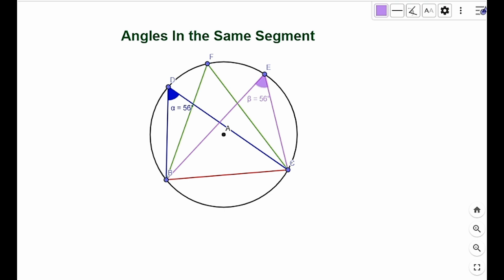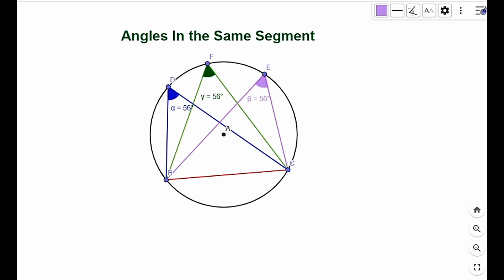Now we have to measure the angle BFC, and we again see that this is 56 degree also.